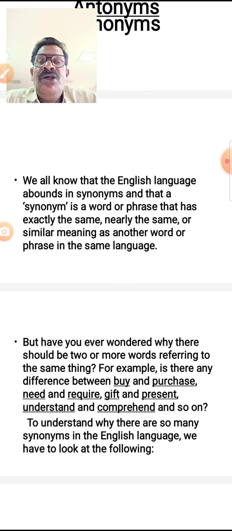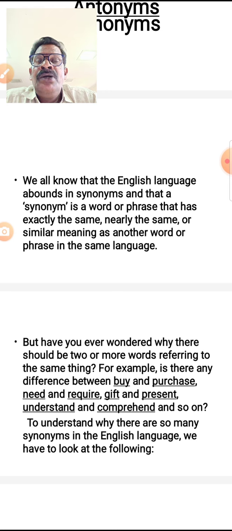So, we all know that the English language abounds in synonyms, and that a synonym is a word or phrase that has exactly the same, nearly the same, or similar meaning as another word or phrase in the same language. So, English as an international language comprises so many synonyms, right?